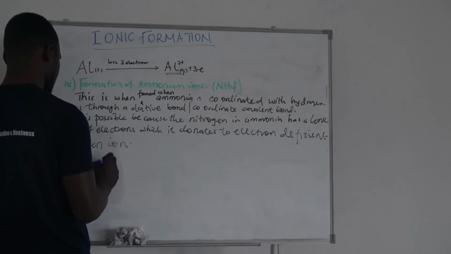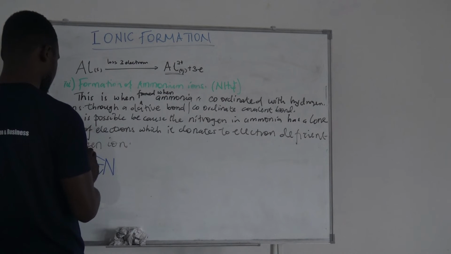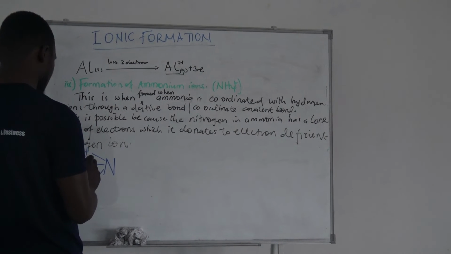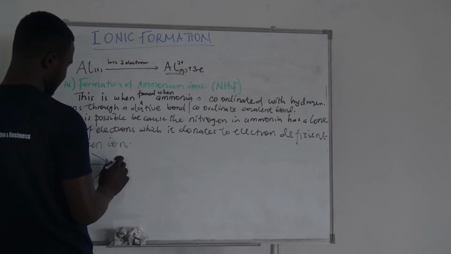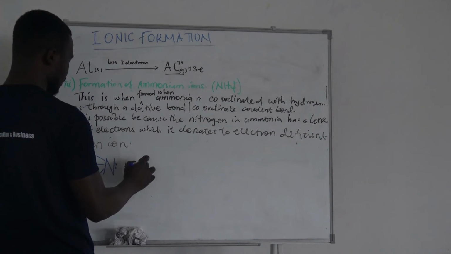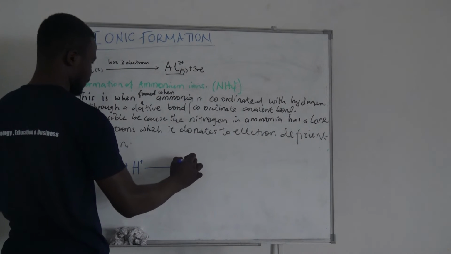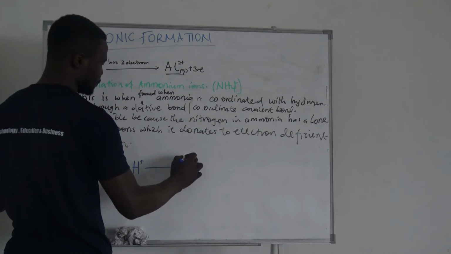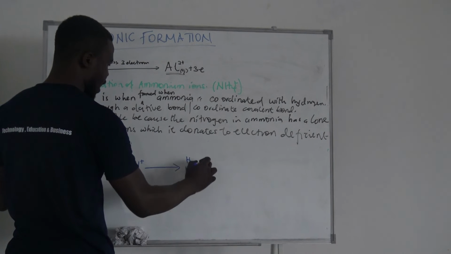Ammonia has 3 hydrogen atoms on it and a lone pair of electrons. When we add a hydrogen ion here, we form ammonium ions.